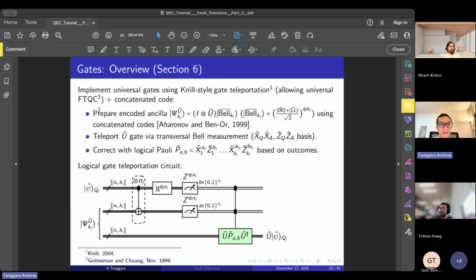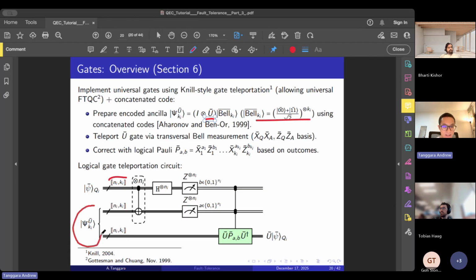The idea is that you want to prepare this ancilla which encodes the gate that you want to do on your data, this U bar. If my code block encodes k logical qubits, I want to prepare this logical Bell state over two blocks.